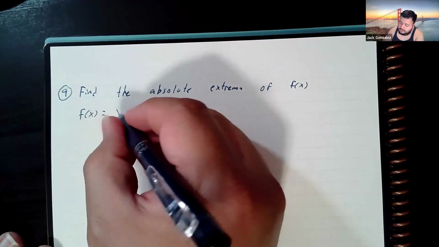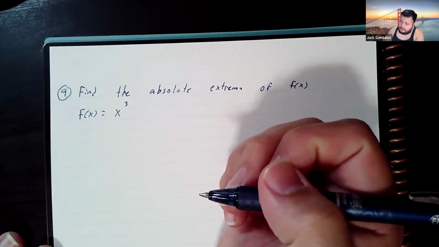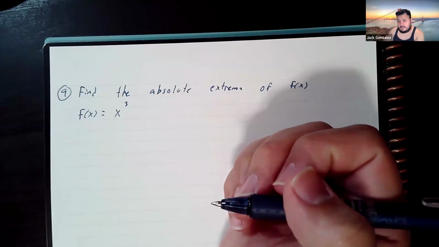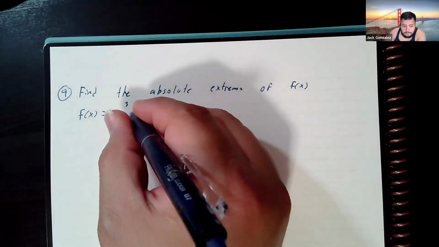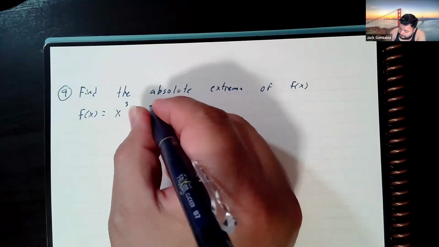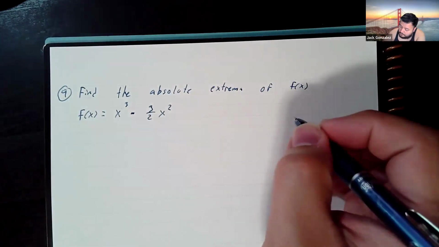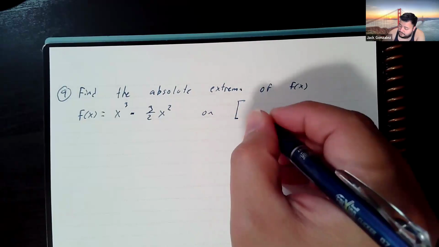Whenever you see extrema, that means the absolute maximum and absolute minimum. It's just a general term for either or for both. But they're putting it only on this interval.